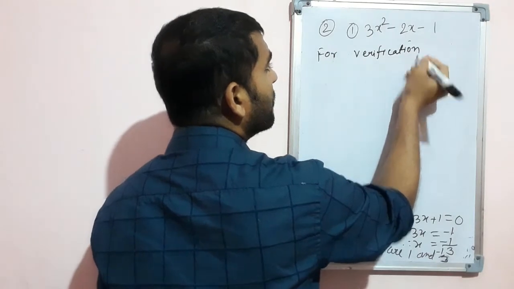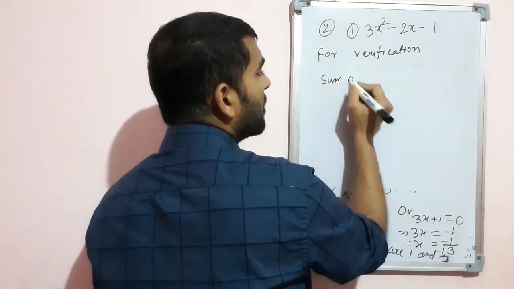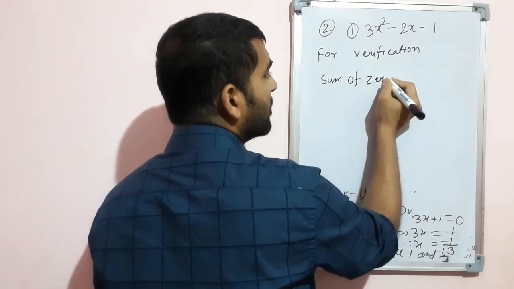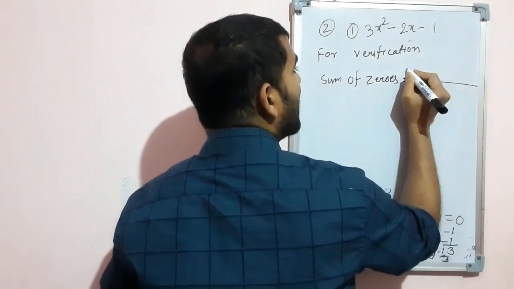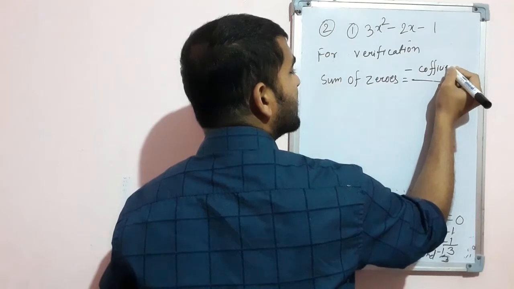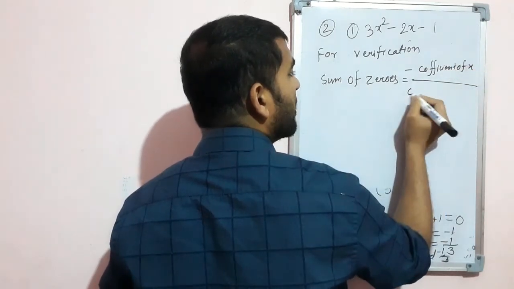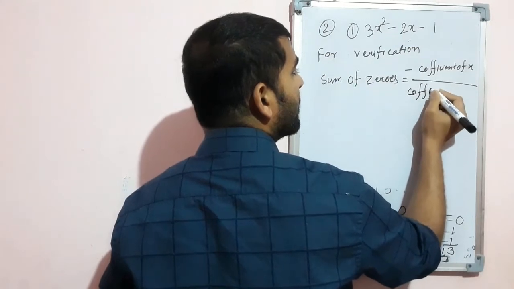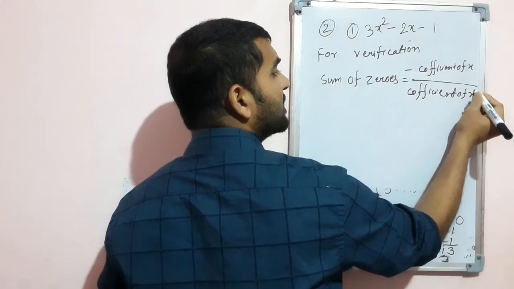Now write down the formula. What is the formula? Sum of zeros equals minus coefficient of x divided by coefficient of x square. I've already given this in the previous class.